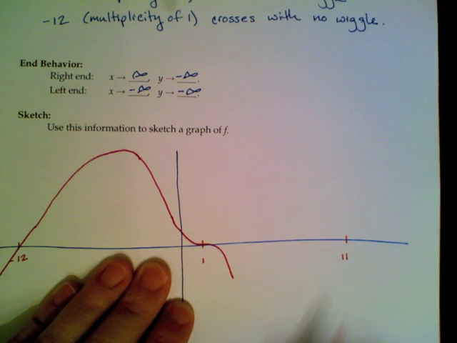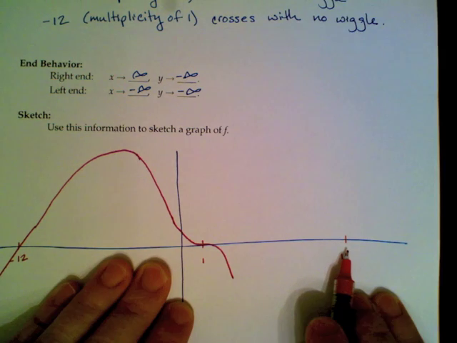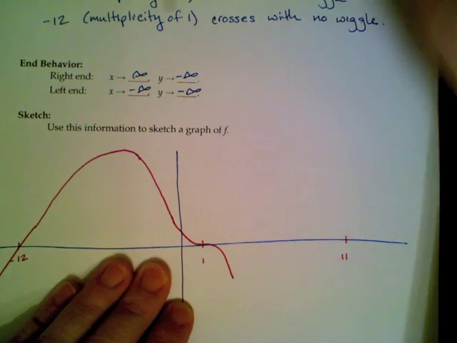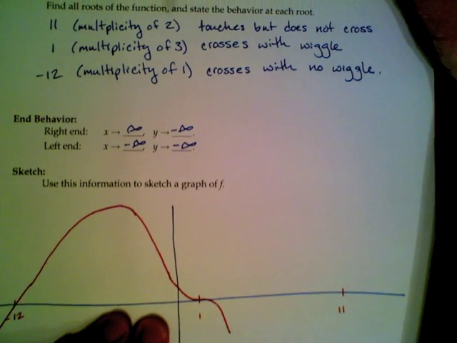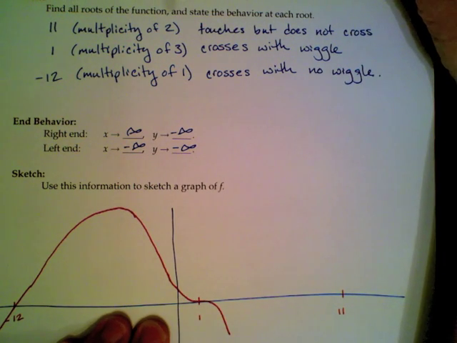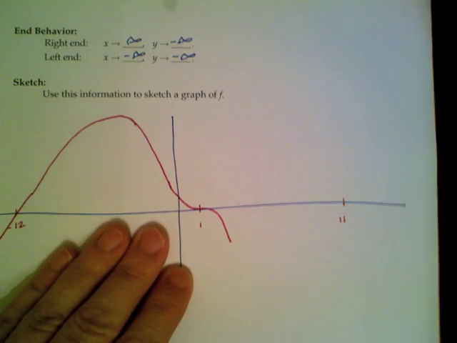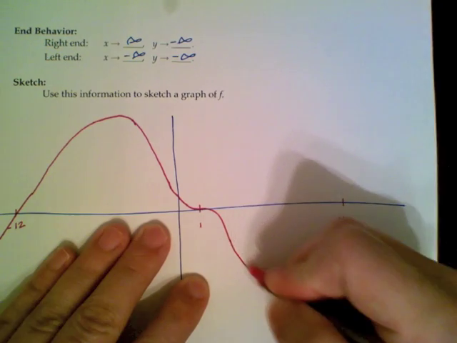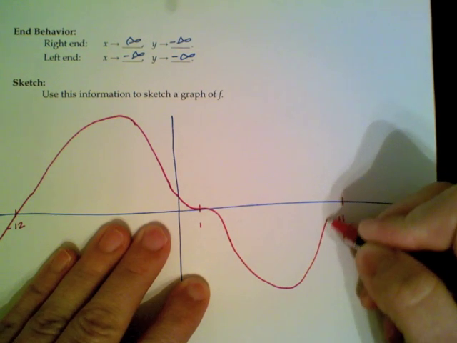And then finally, I've got another root of 11. And if I look up here, 11 has a multiplicity of 2, so it touches but does not cross. So we'll come back down. I'll pick up my sketch.